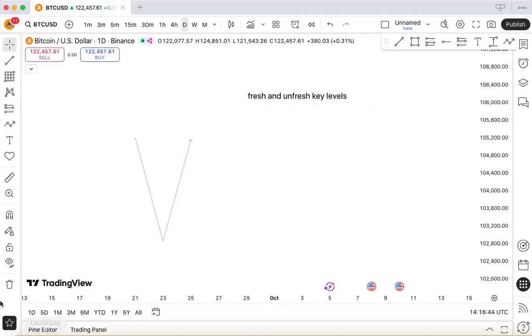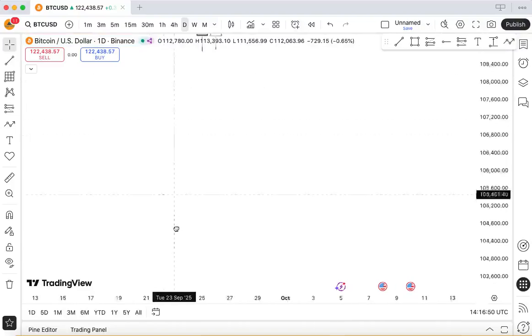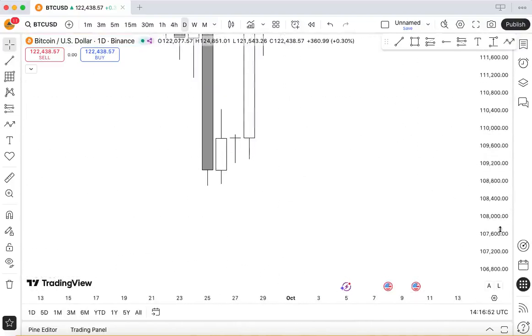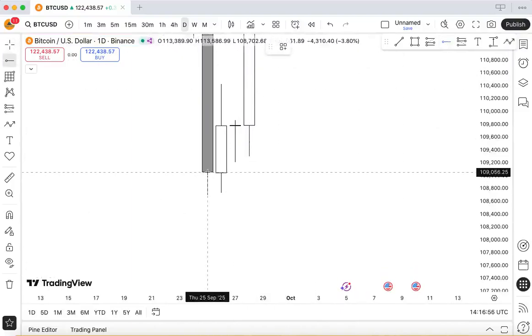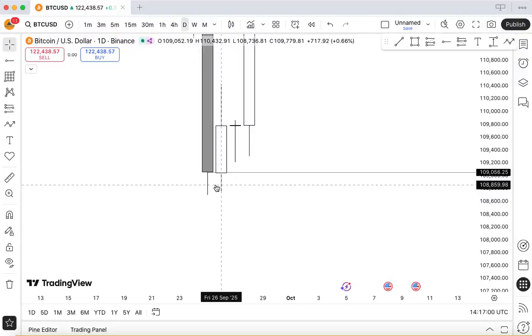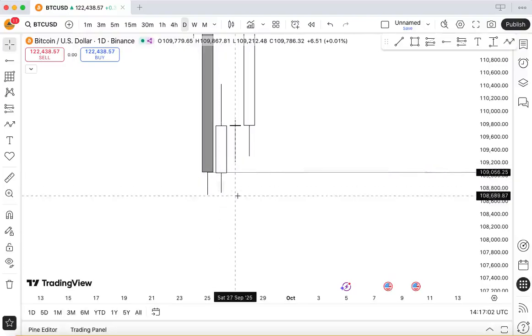Now I can remove all of the drawings I had. Okay, but I think, yeah. This is a key level here, and it is a support level. What makes it to be called fresh, and what makes it unfresh?